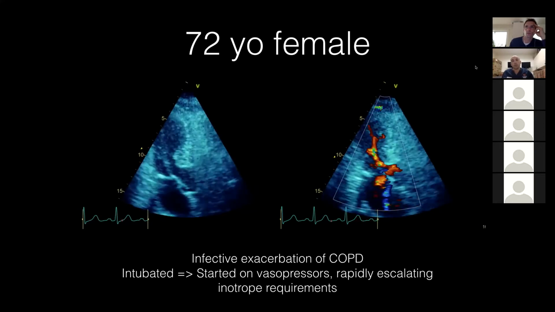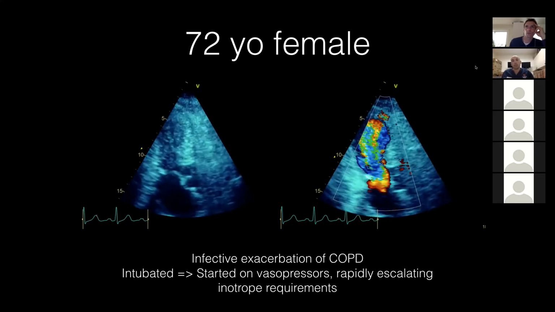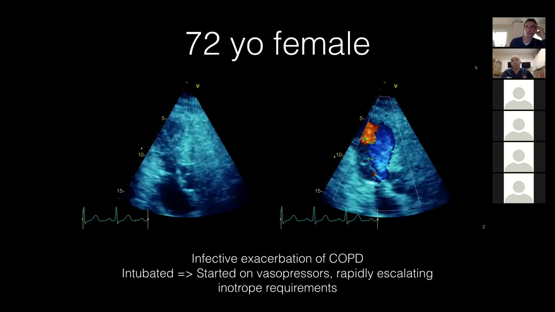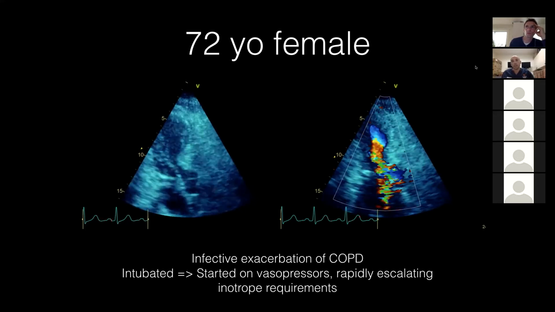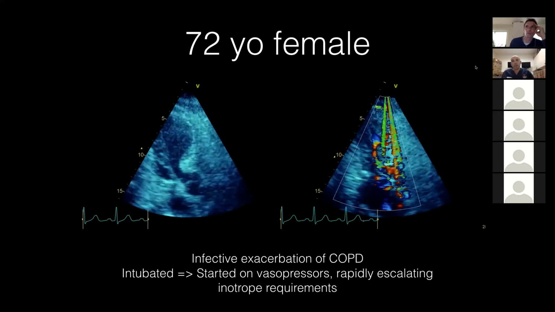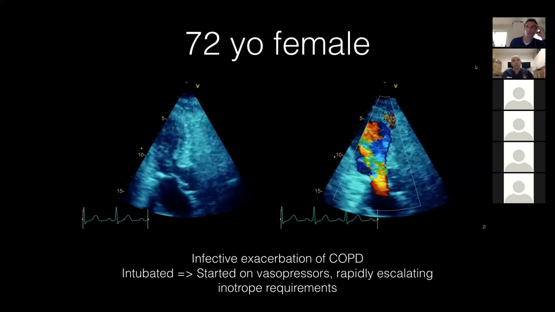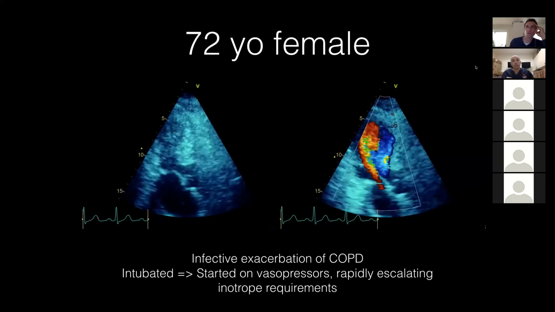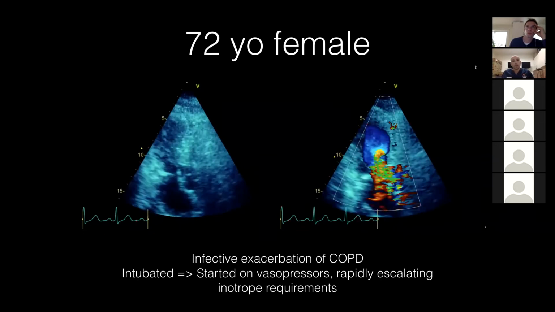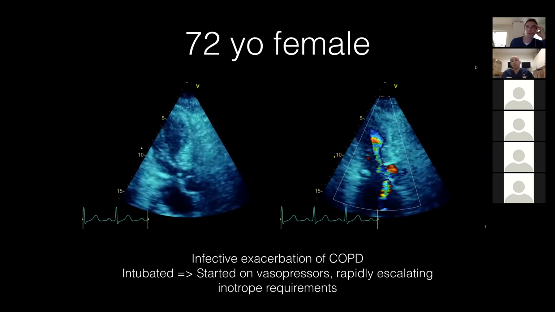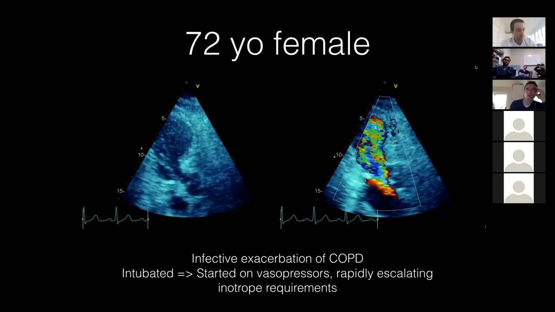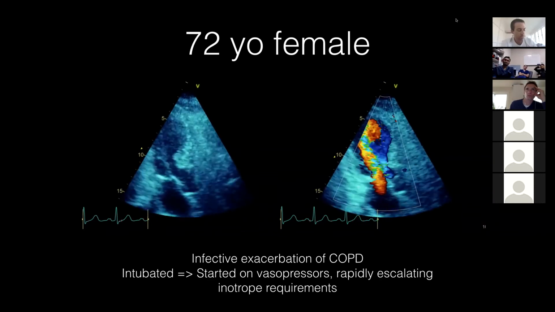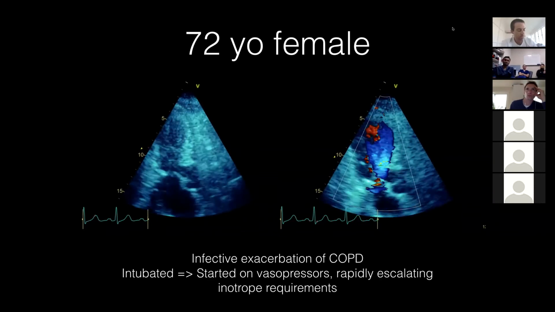What seems like is going on is there's a lot of flow acceleration and aliasing in the mid-cavity to left ventricular outflow tract. So the patient's quite tachycardic as well, and seems like they have a small cavity size. So I'd be worried about those escalating vasopressors representing outflow tract obstruction.